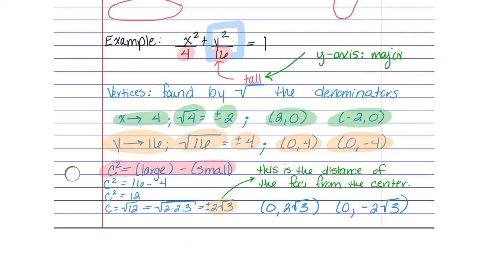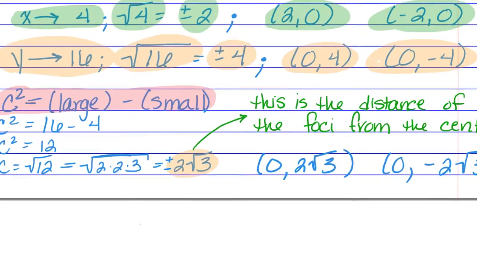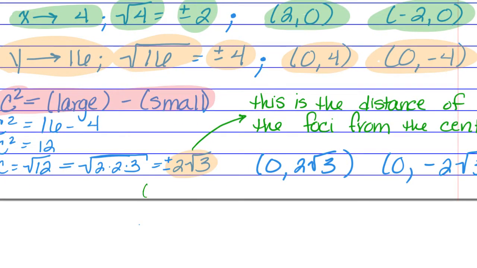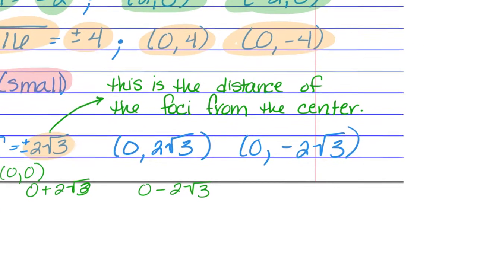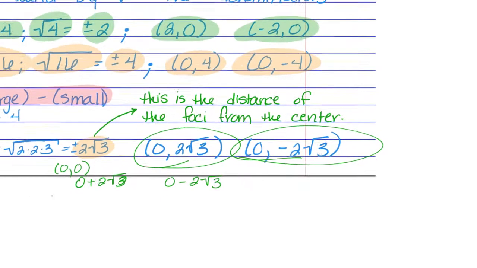So I start at the center at 0, 0, and I add my foci to my y value. So in this case, 0. I'm going to both add and subtract my foci, which is just a distance, giving me my foci at the coordinates 0, 2 square roots of 3 and 0, negative 2 square roots of 3.